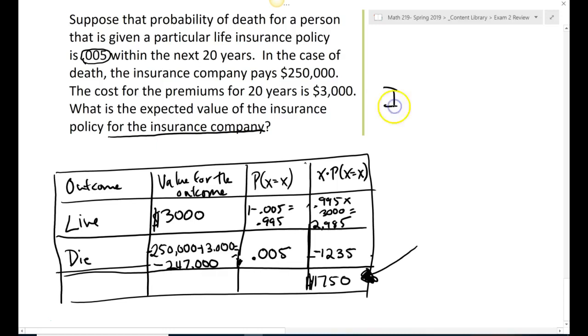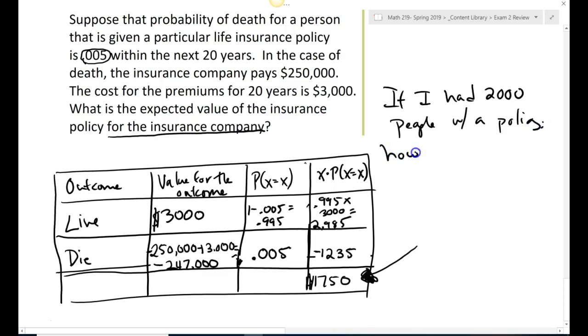You know what? It might be on the exam. How about that? If I had 2,000 people with a policy, how much would I expect to make? Well, here's how this works.